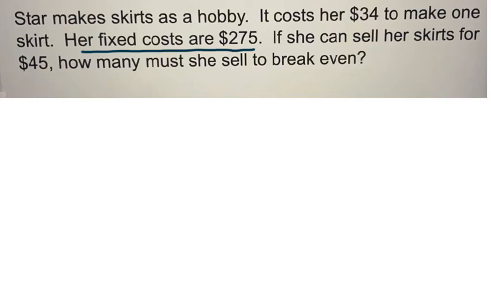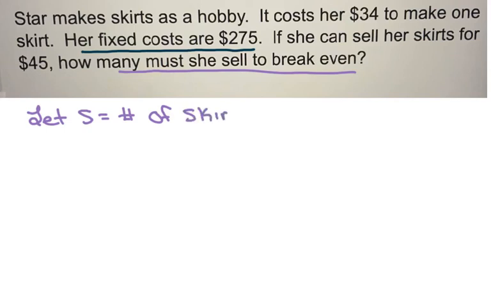Okay, so we need to figure out what it's asking us. How many must she sell to break even? How many what? Well, skirts. So we're going to say let S equal number of skirts. It costs her $34 to make one skirt.